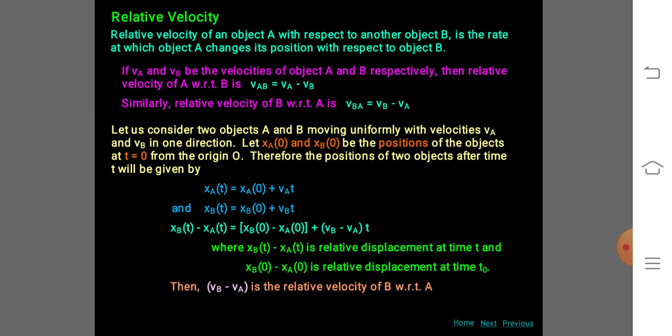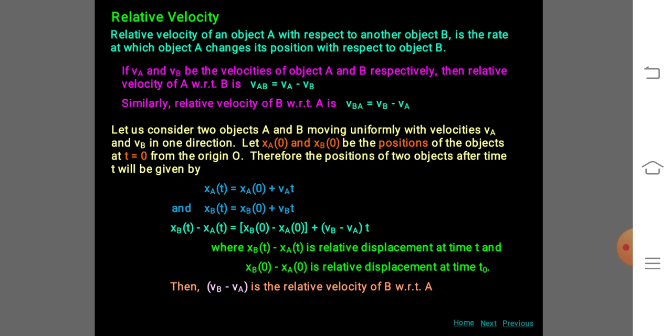Okay, so what is this? xB(t) − xA(t) is the relative displacement at time t, and xB0 − xA0 is the relative displacement at time t0. t0 means what here? Initial time, and that is 0. So that's why xB0 − xA0. Here we have got vB − vA.